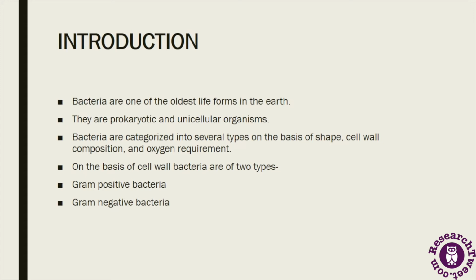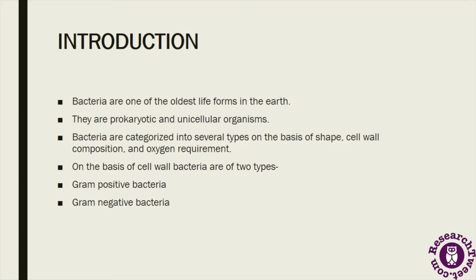Bacteria are very small in size and cannot be seen by the naked eye. These organisms can only be seen with the help of a microscope, and that's why they are also called microscopic organisms.